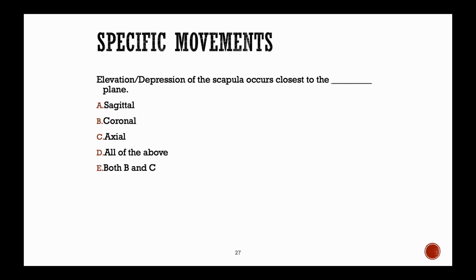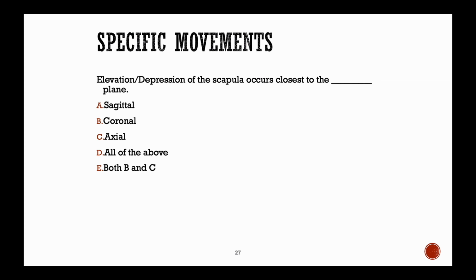All right, here's a trickier one for you. Elevation and depression of the scapula occurs most closely to which plane? So remember, this is our shrugging of our shoulders up and shrugging of our shoulders down, or lowering of them down.